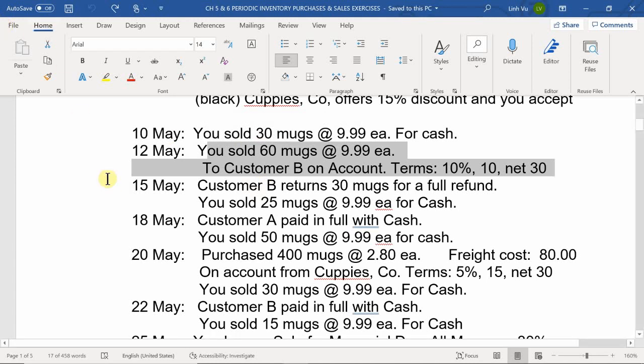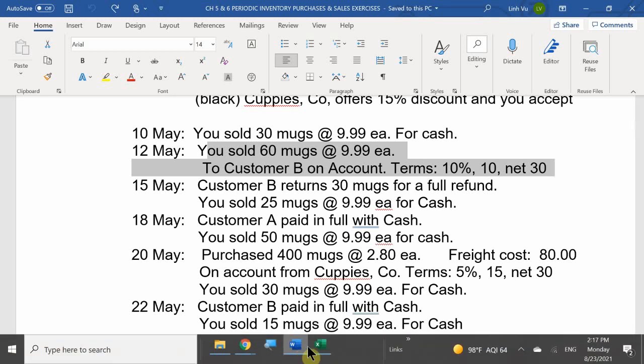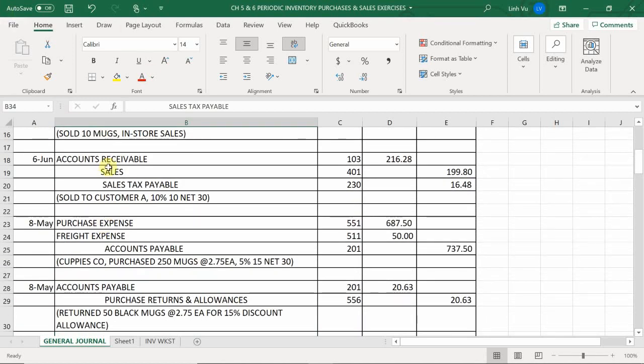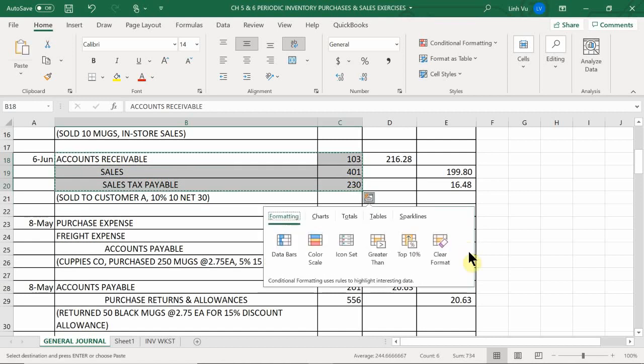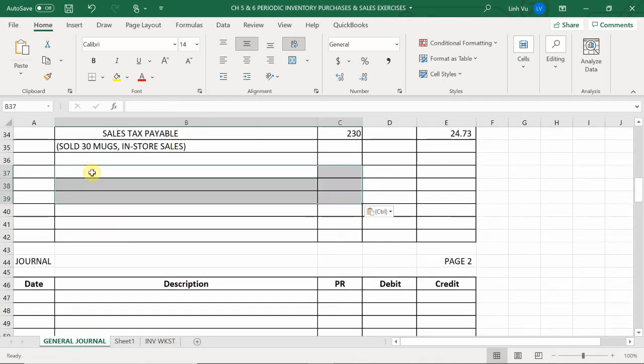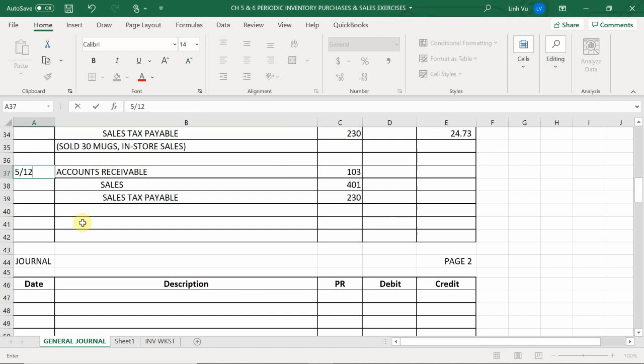So this is May 12th, and we sold 60 mugs on an account to customer B. Same situation here: accounts receivable, sales, and sales tax.